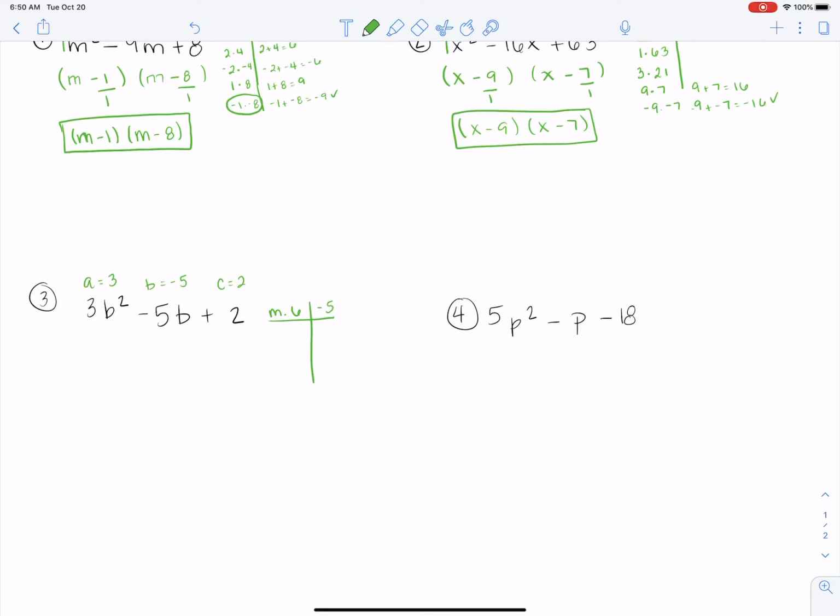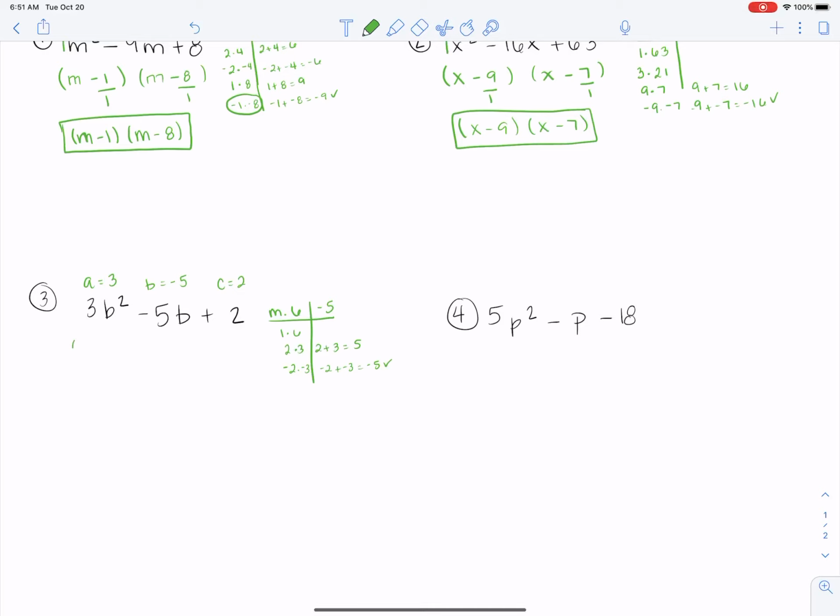So 1 times 6 or 2 times 3. 2 plus 3 is 5, so negative 2 times negative 3 is negative 5. And that will work.